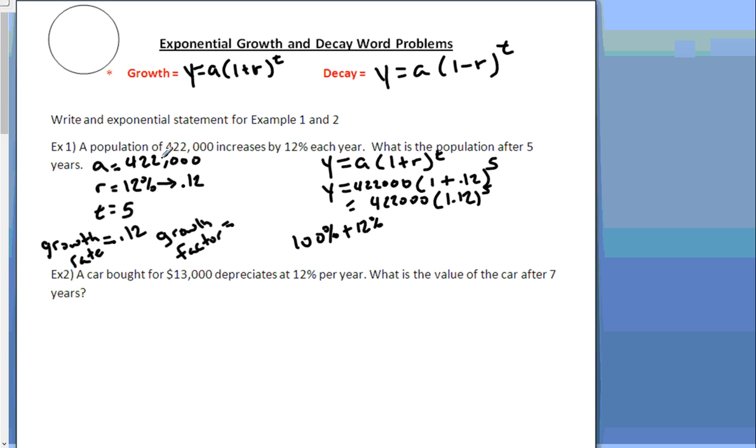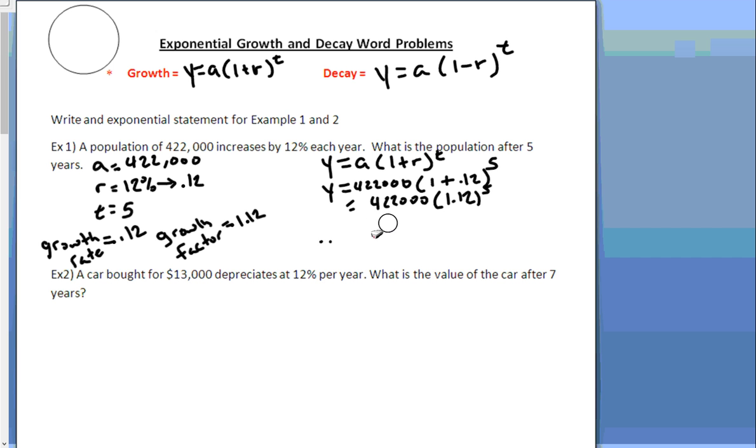There's a growth rate, which is the R number. Okay, that's easy. The growth factor is the number after you add or subtract from the 1. So the growth factor is 1.12. Make sense? Growth rate is the R number. The growth factor is the 1 plus that number. Yeah? All right. So what I need to do now is solve this.